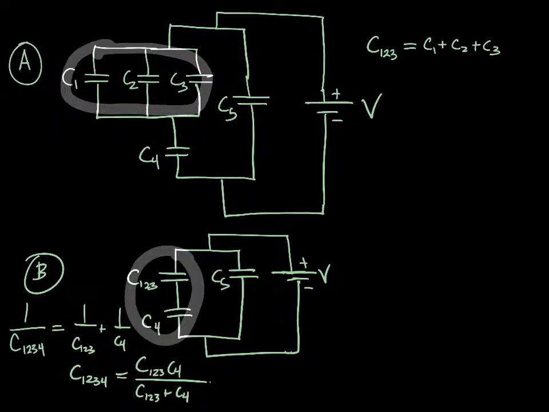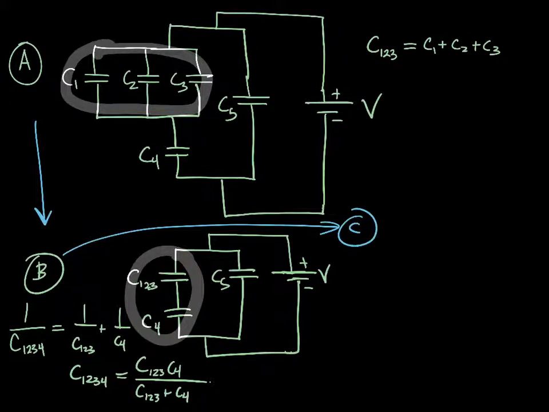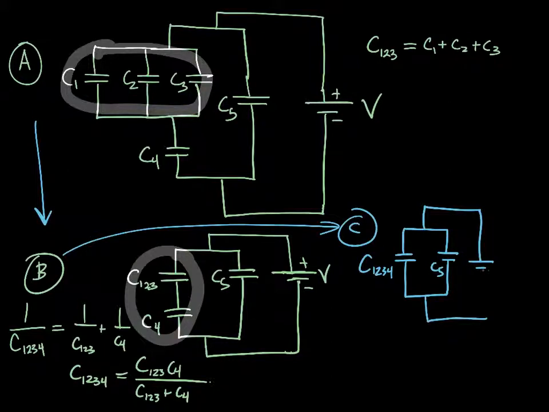So now, part C, so we went from A to B, and now we'll go to part C. I can reduce this circuit one more time, and I'll have C1,2,3,4 in parallel with C5, and all of that is now parallel to our battery.